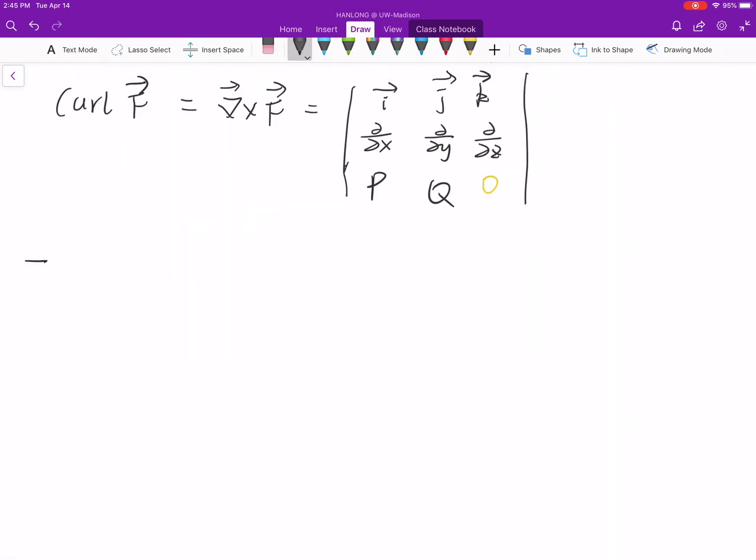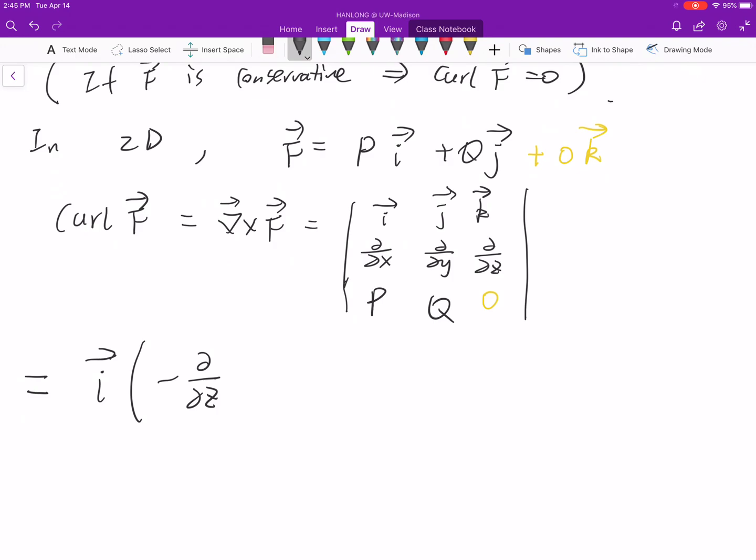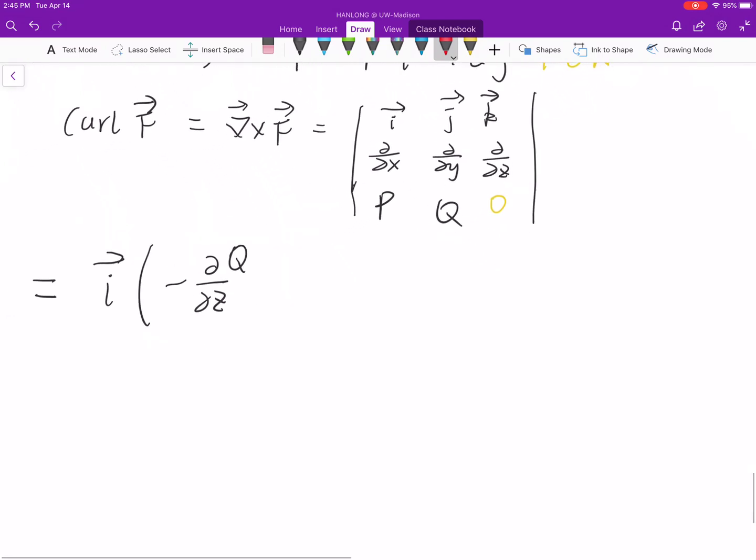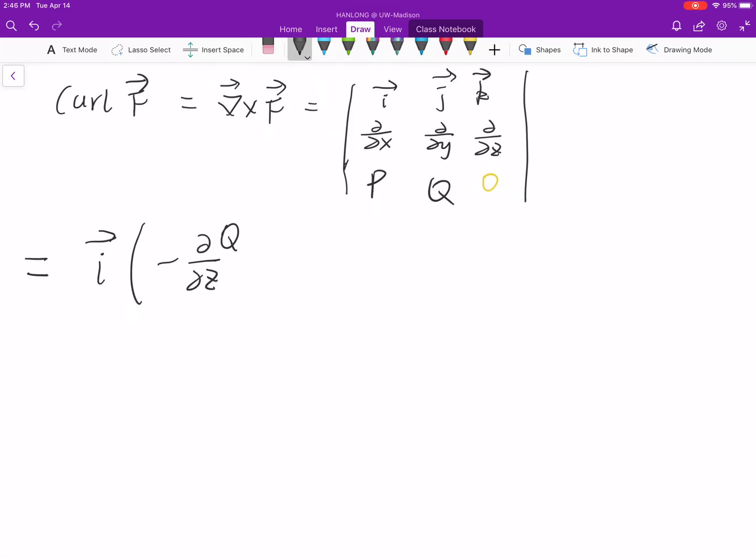Then we can do the calculation. For i, negative partial z of Q. Here I should make a remark: this P is just P(x, y), and Q is also Q(x, y). They do not depend on the third variable.